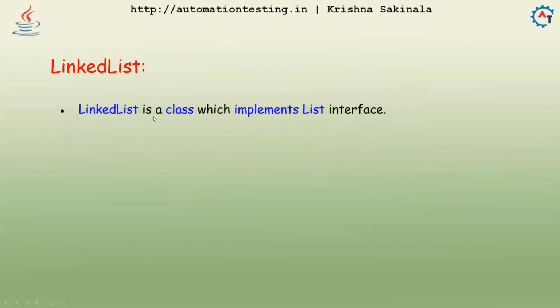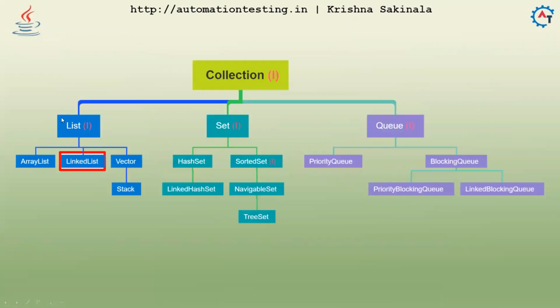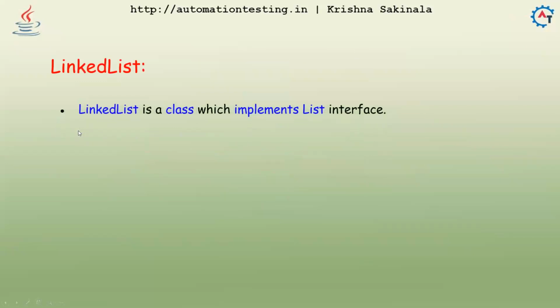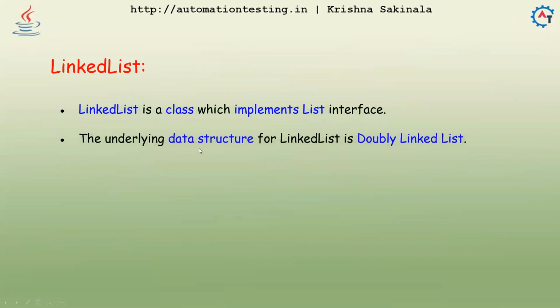So linked list is a class which implements the list interface. That is what we have seen here. The underlying data structure for linked list is a doubly linked list. In the linked list, we can insert duplicate elements, so duplicate elements are allowed.